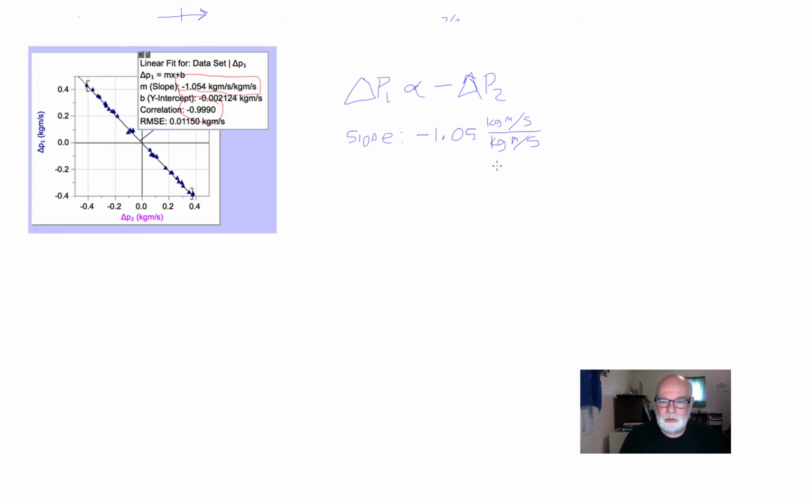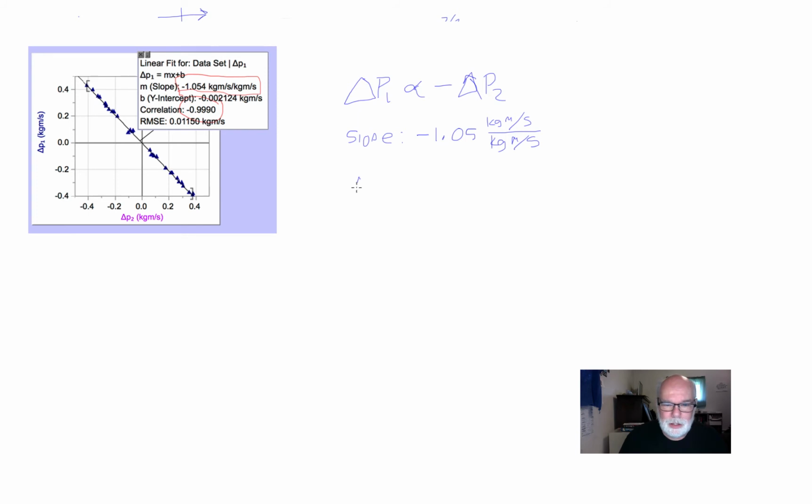And those would cancel out at some point, which tells us it's a dimensionless quantity, much like we would see with mu or pi. Those also don't really have any units, but they do. Pi is the units of centimeters over centimeters, and mu has the units of newtons per newton. This has the units of kilogram meters per second over kilogram meters per second.